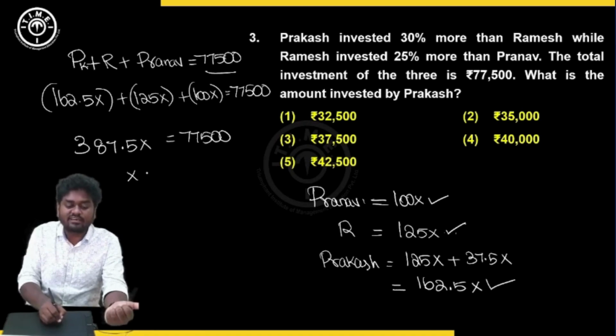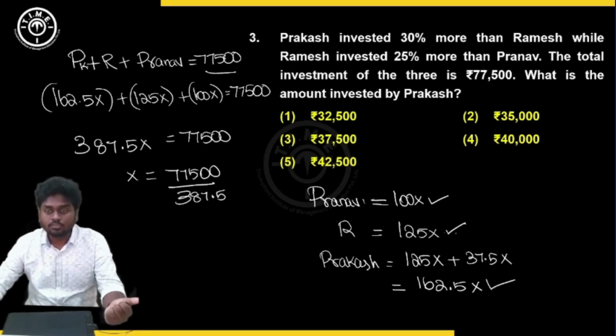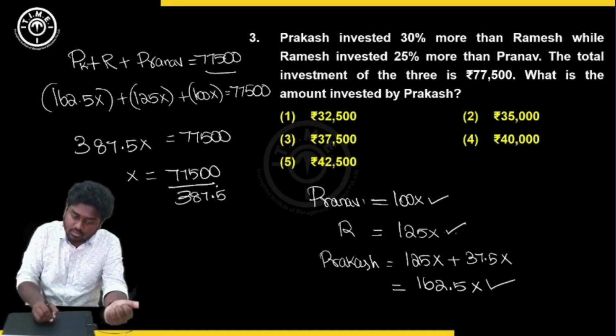So if I try to find the value of x, it is 77,500 divided by 387.5, and we get exactly 200.